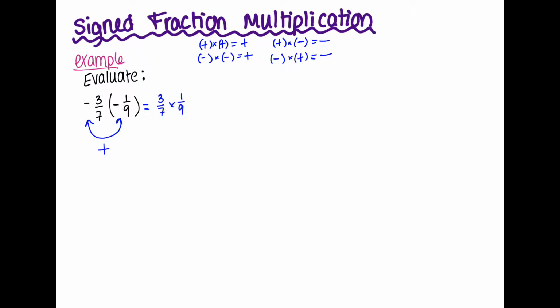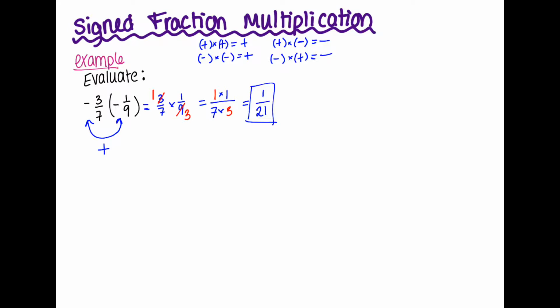They share a factor of 3. 3 goes into itself 1 time, and 3 goes into 9 3 times. So the 1 stays on top, multiplied by 1 over 7 times 3. On top I have 1, and on the bottom I have 21. That can't be simplified anymore, so my answer is 1 over 21.